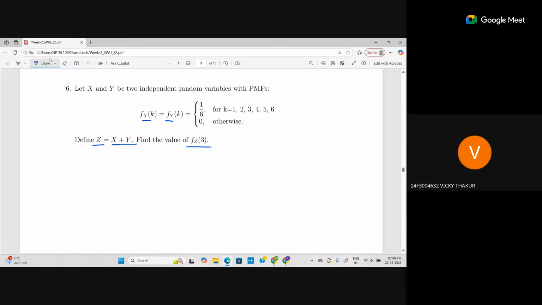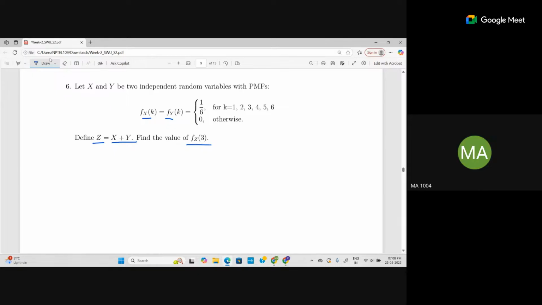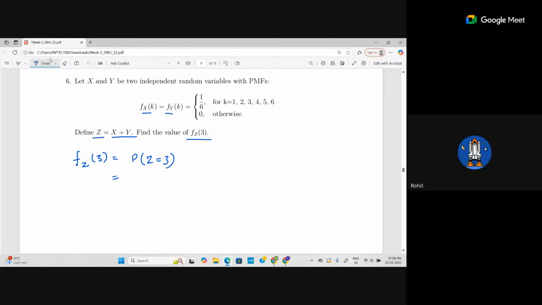Ma'am, the answer is 1 by 3. Okay, let's see it. So we have to find f_Z(3), which means the probability of z equal to 3. Now z we can write as x plus y, so x plus y is equal to 3.